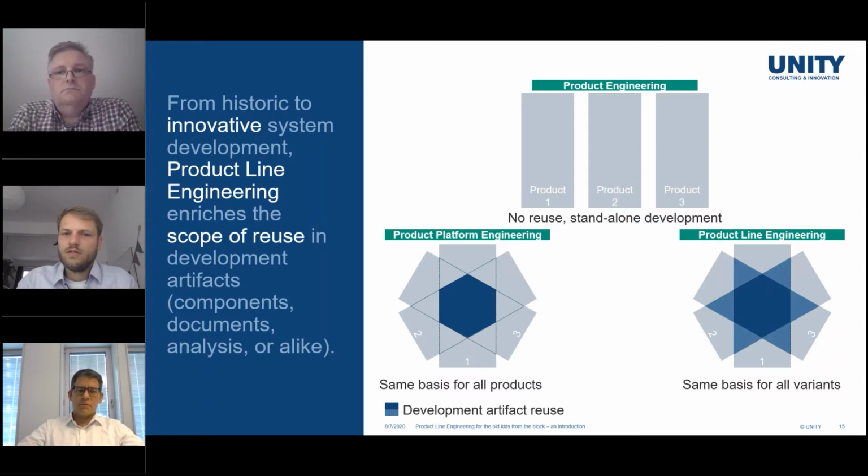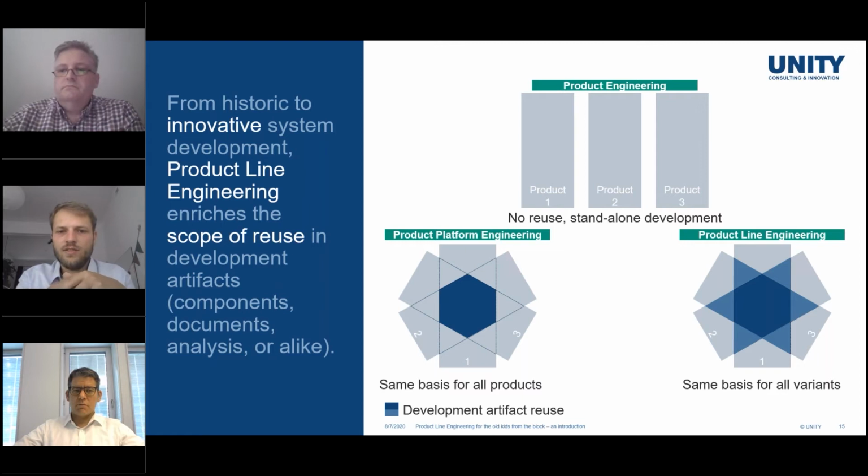Later on, and this is quite famous in Germany, with product platform engineering, organizations discovered that most products share a certain set of development artifacts, for example components, documents, and analyses like test cases and safety analysis. They built a platform to identify all the components that are shared by all the different products and that they have in common.